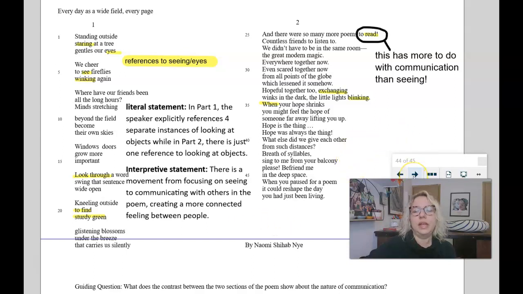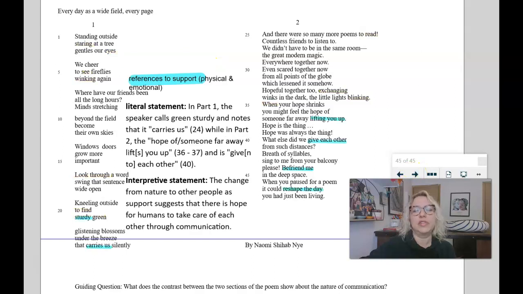All right. Then I moved on to my third one about support, references to support. Here's what I came up with for this one. In part 1, the speaker calls green sturdy and notes that it carries us, while in part 2, the hope of someone far away lifts you up and is given to each other. So in part one, I'm really just showing how these references to support function in kind of a literal way. I'm looking at the structure of the sentence and saying, okay, the speaker calls green sturdy, and that is a support.